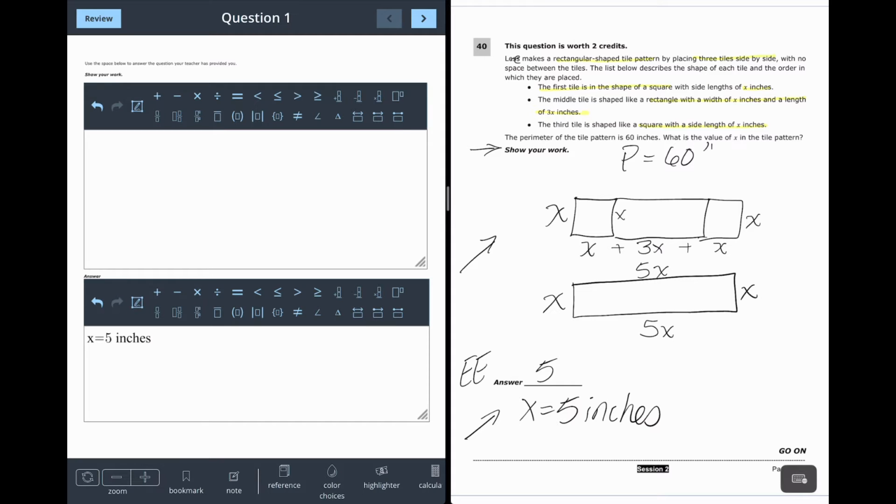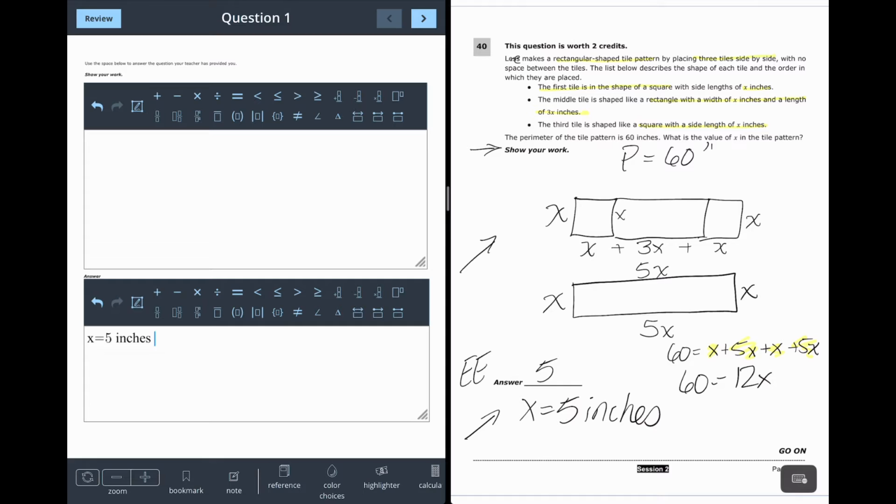So 60 is equal to x plus 5x plus x plus 5x, because this is perimeter. I'm adding them all up together. They're all like terms. X plus x is 2x plus another 10x. I get 12x. So 60 is equal to 12x.